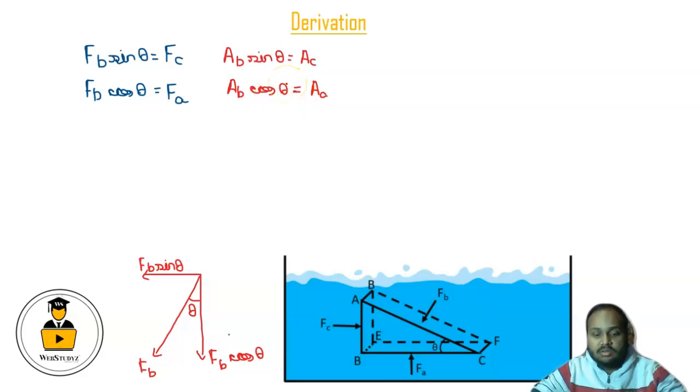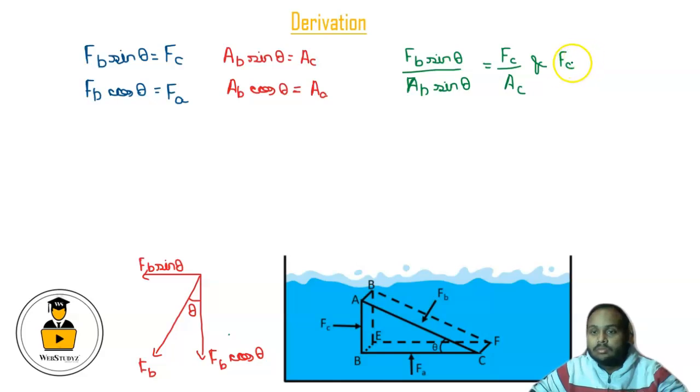From these four equations, we can conclude that FB upon sin theta by AB upon sin theta equals FC by AC, and FB cos theta by AB cos theta equals FA by AA.